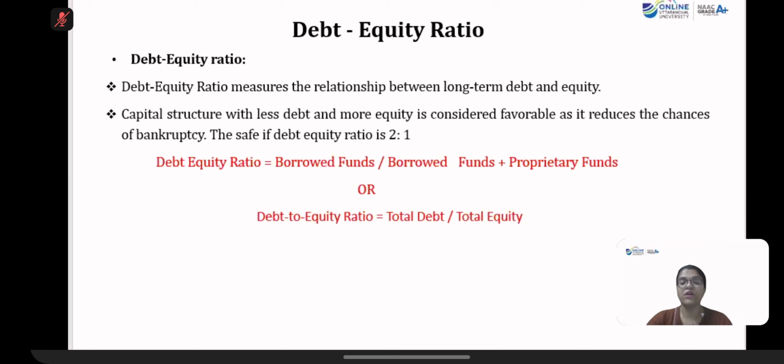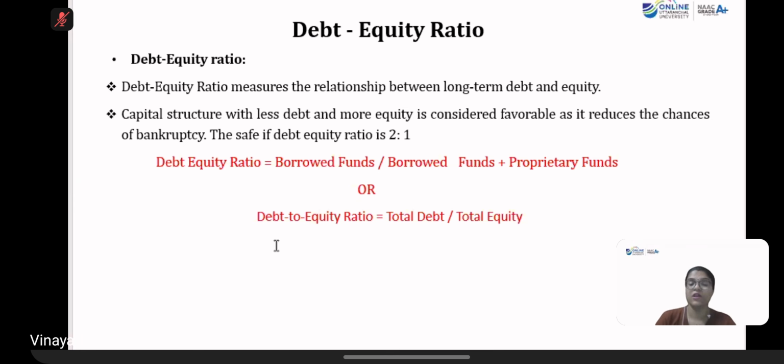So your debt will include your bank loans, your debentures, your bonds, and equity, the proprietors' funds or total equity, will include your equity share capital and your preference share capital. So the debt equity ratio will provide you the insight about the company's financial leverage, the extent to which the company relies on debt financing.